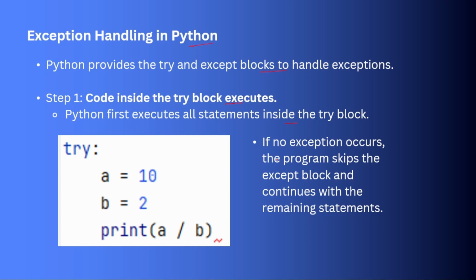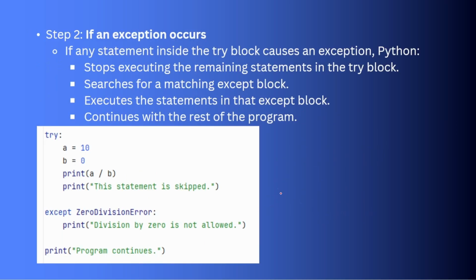If no exception occurs, the program skips the except block. If nothing has gone wrong, then we don't need to go inside the except block, and we continue with the remaining statements. Now, what if an exception occurs? If any statement inside the try block causes an exception, what will Python do? It will stop executing the remaining statements in the try block.